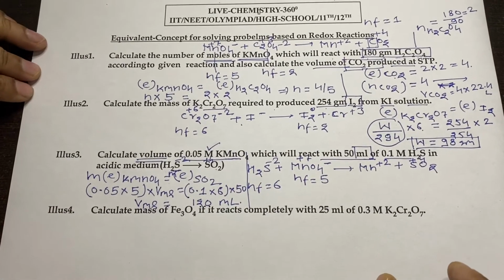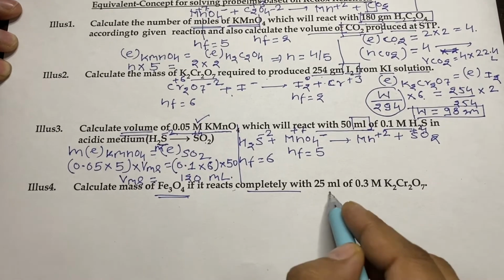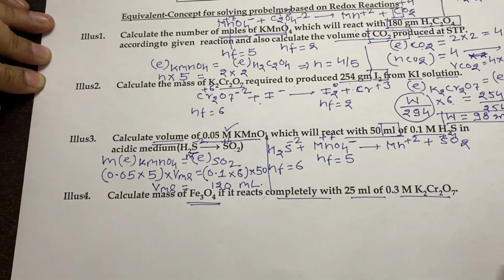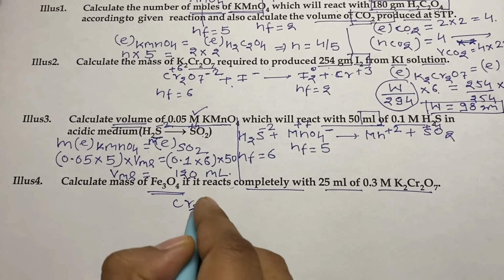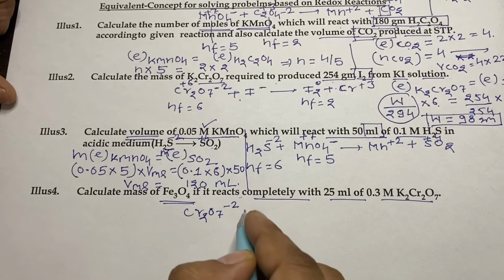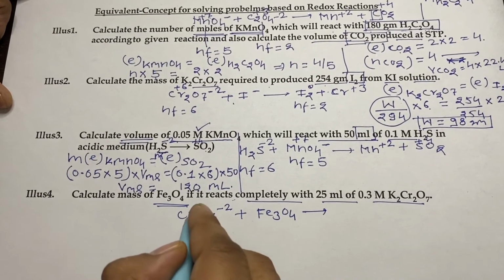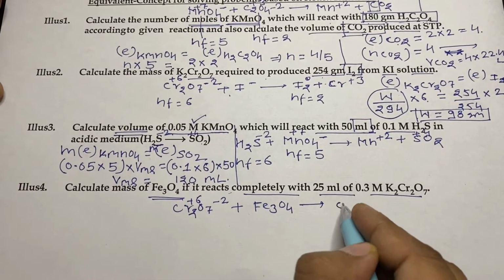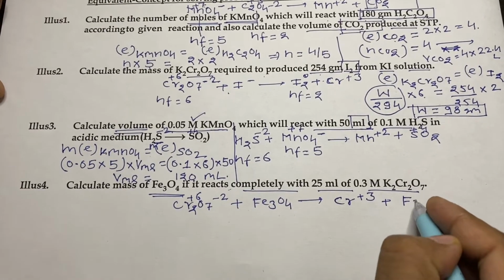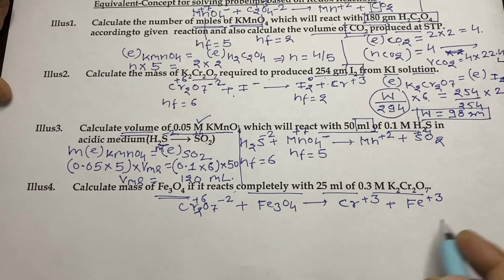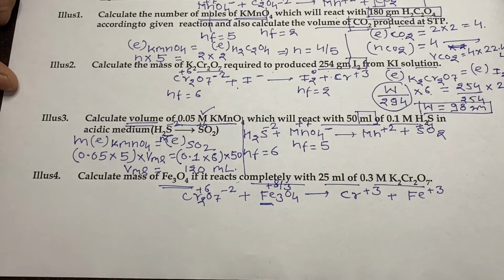Let's take another example in which Fe3O4 completely reacts with 25 ml of 0.3 M K2Cr2O7. Again we will write the expected redox changes. It will be Cr2O7 2- plus Fe3O4. Obviously the oxidation number of chromium will change from plus 6 to plus 3, and Fe3O4 will be converted into Fe 3+, because the oxidation number of iron in this is 8 by 3.